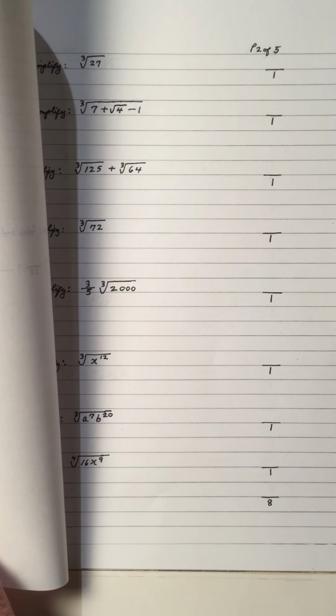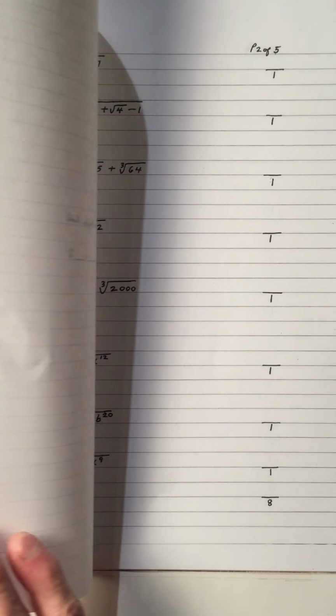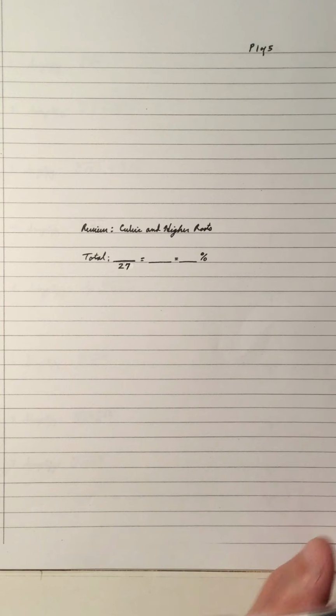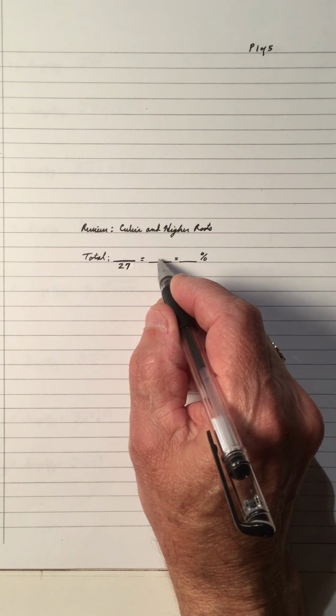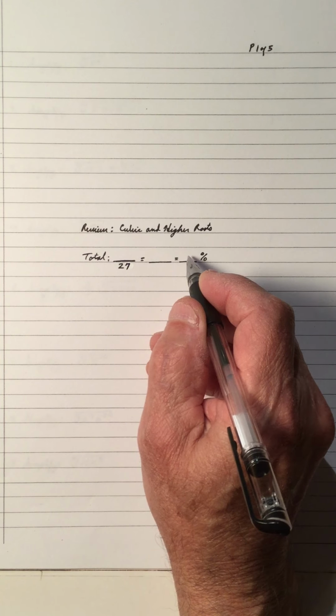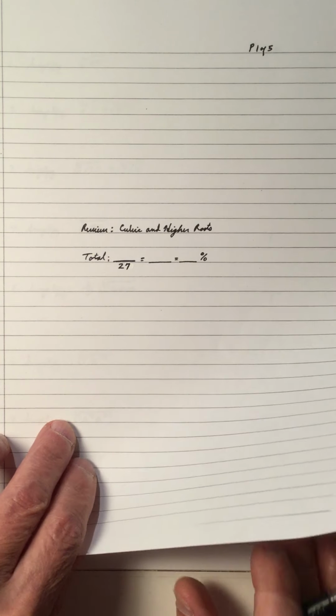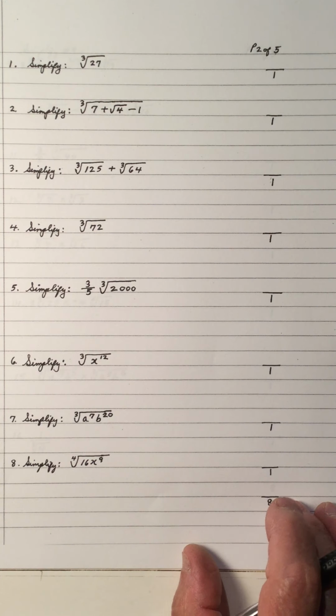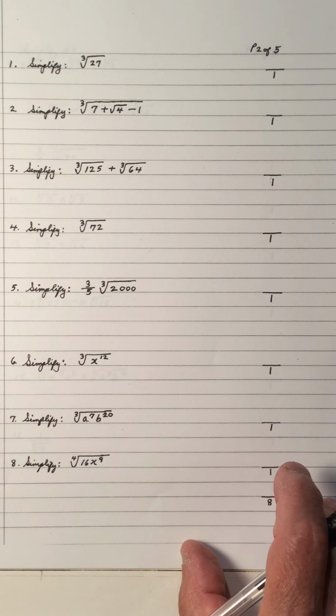Like the second page here is a total of 8. After you get it all done, you add up your total and put it over 27 and convert it to a decimal, and then you change it to a percent by moving it 2 places to the right. Let's do the review on cubic and higher roots.